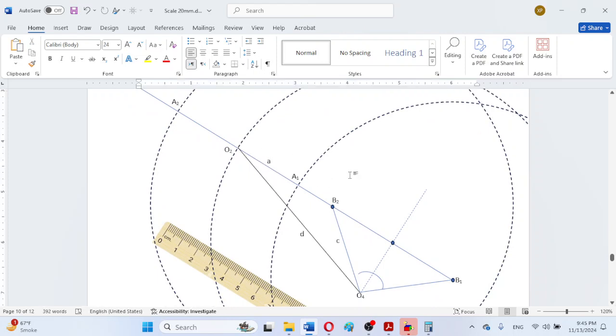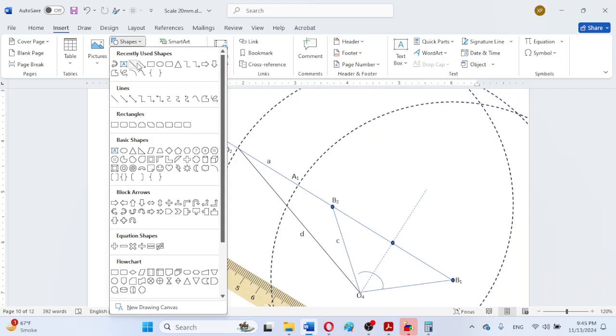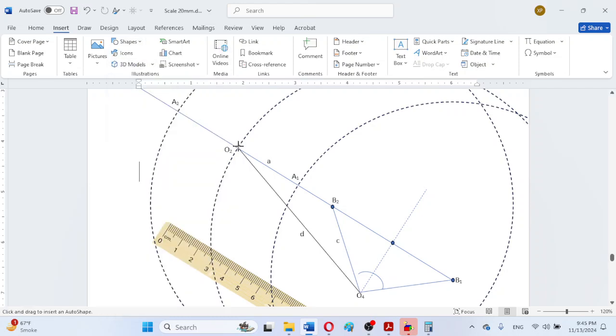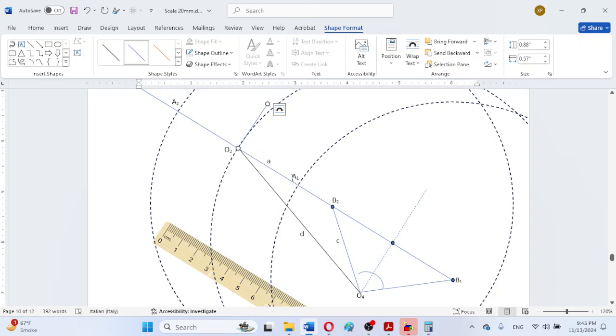So A and B, and B is actually this total length that I can show here, just like this. For example, O2 to this midpoint, or from A1 to B1 or A2 to B2 is actually the length of the connecting rod.